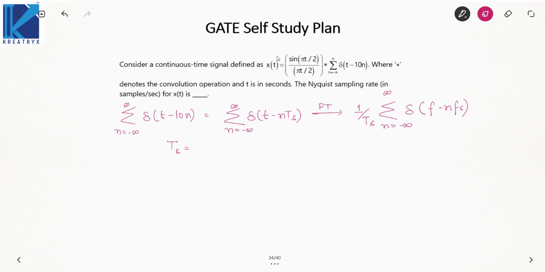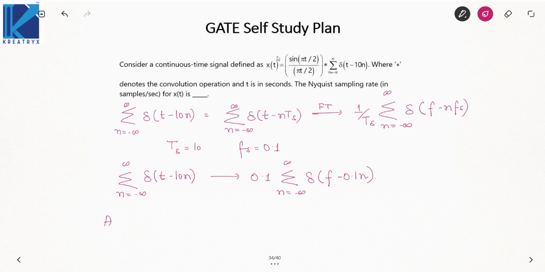Here Ts is 10, which means fs is 0.1. So the Fourier transform of this impulse train would be how much? 0.1 summation delta(f minus 0.1 n). Now what about this sinc function?